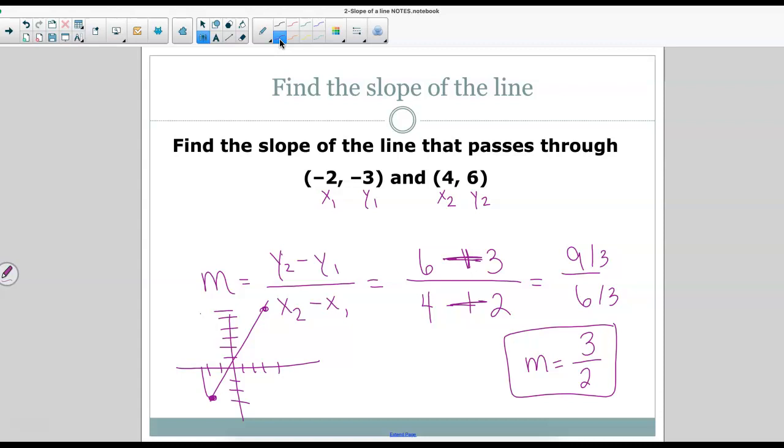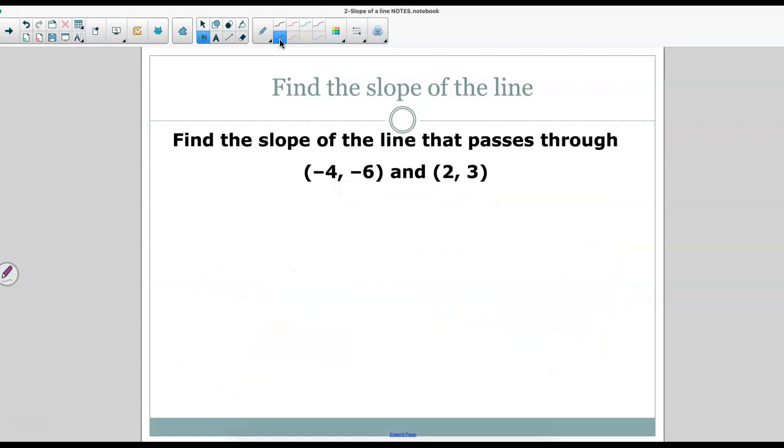All right. So let's look at this one. x1, y1, x2, y2. So the slope, m, equals y2 minus y1 over x2 minus x1. That formula never changes. It's always the same.